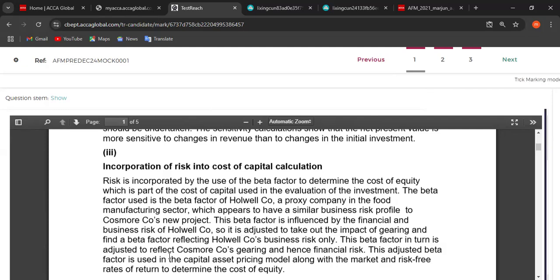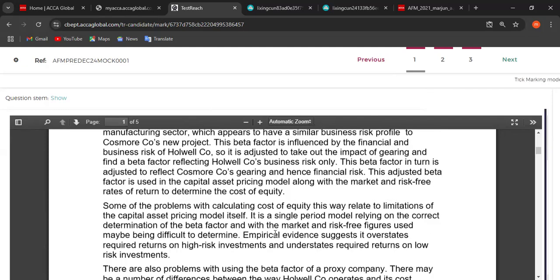The adjusted beta is used in the capital asset pricing model along with the market return and the risk-free rate to determine the cost of equity. Some of the problems with the calculation of cost of equity this way relate to limitations of the capital asset pricing model. Guys, the capital asset pricing model is a single period model relying on the correct determination of the beta factor, and the market and risk-free figures used may be difficult to determine.